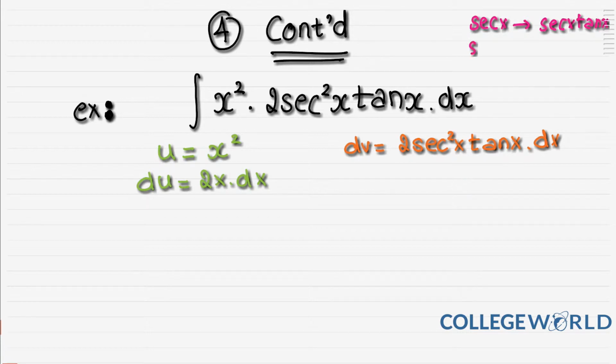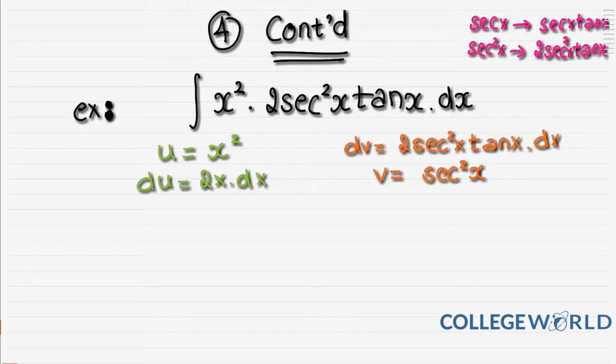That will be simply sec squared x, because by the chain rule, this will give you 2 sec x, and then you differentiate sec x to get sec x tan x, so this will be 2 sec squared x tan x. In other words, if you want to integrate this value, your v is going to equal sec squared x. And by that, you're going to be done with this.